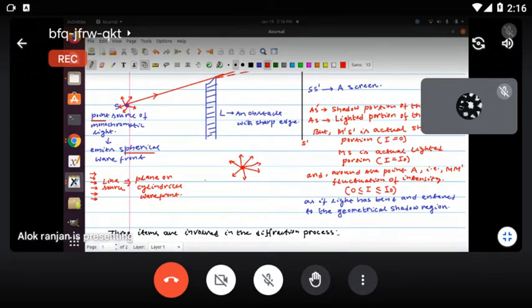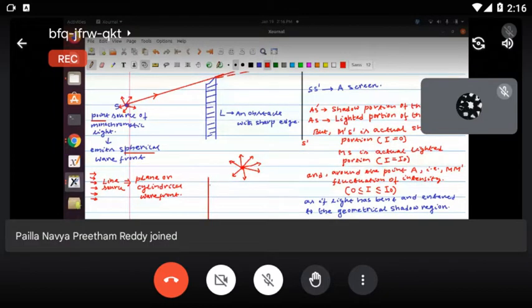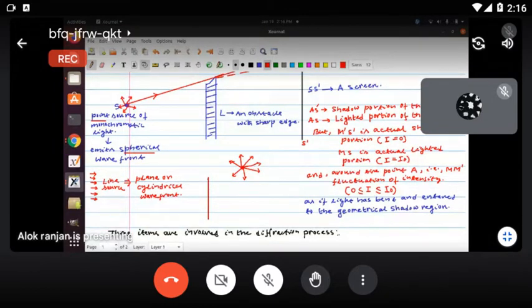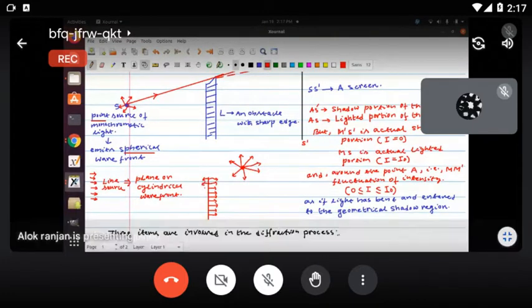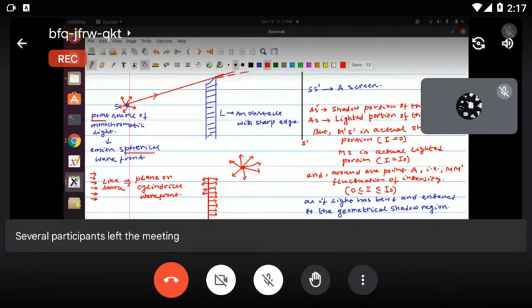And if you have a line source like this, what will happen? Then you can consider that on each point over this line, we have an infinite number of point sources. So therefore, they will emit like this, and similarly in this direction, and so on.